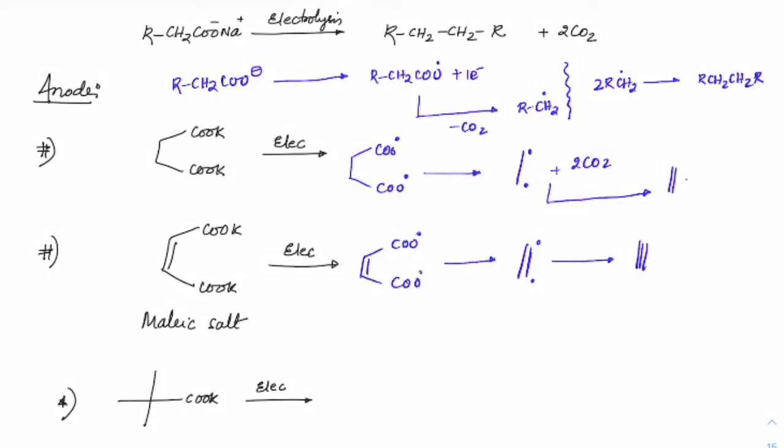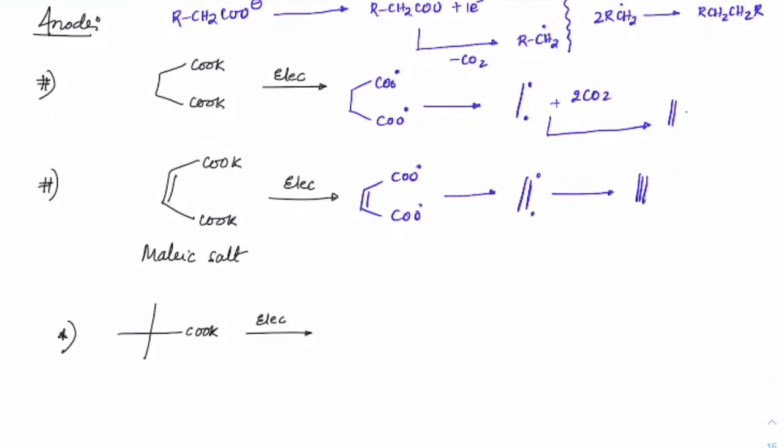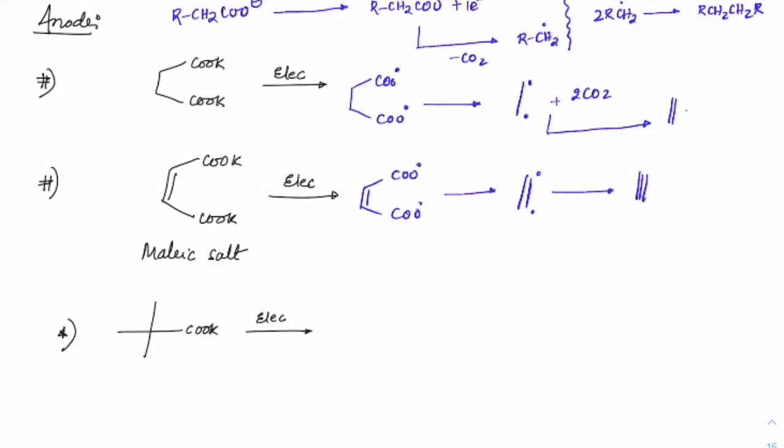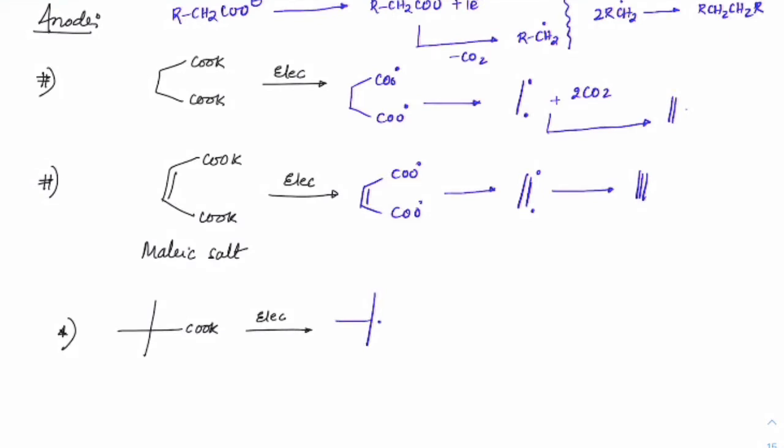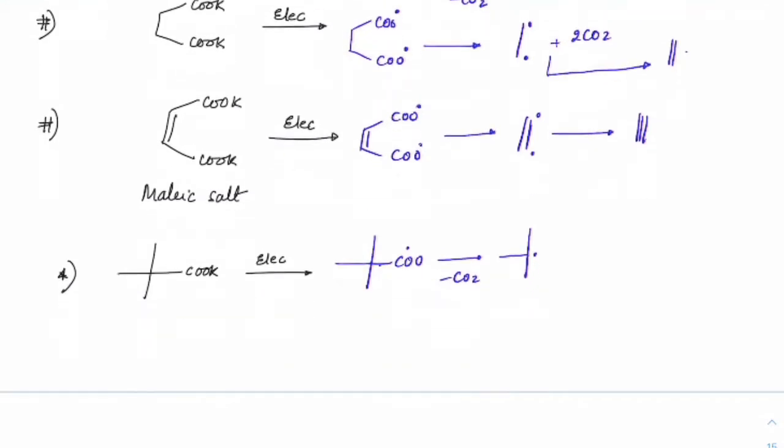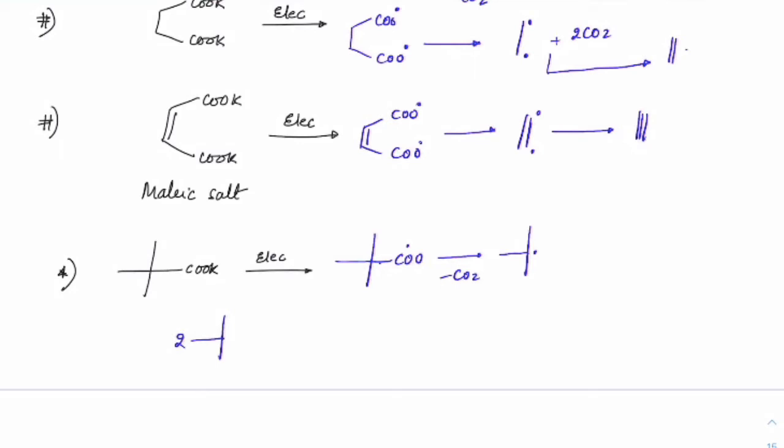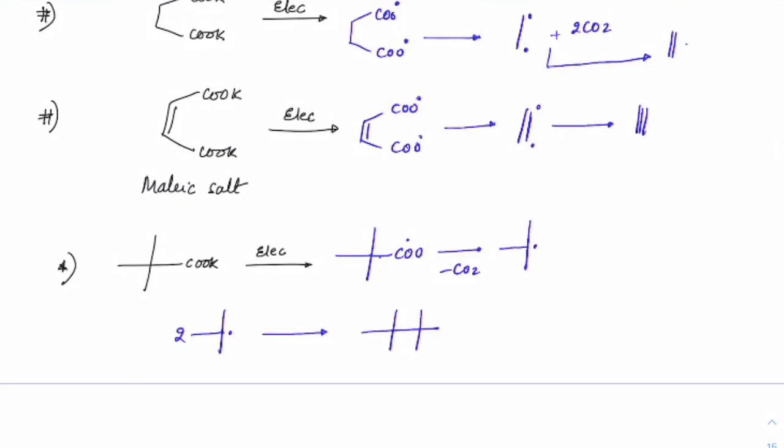You may come across cases where we have a tertiary group present, then we will see a little bit of disproportionation also happening. So we will see that first the dot is created here, or rather we'll write all the steps. COO dot will give carbon dioxide and become a 3-degree radical here, and if we expect that they will couple and terminate here, this product would be minor. So a very small amount of this coupled alkane is formed. Got it?